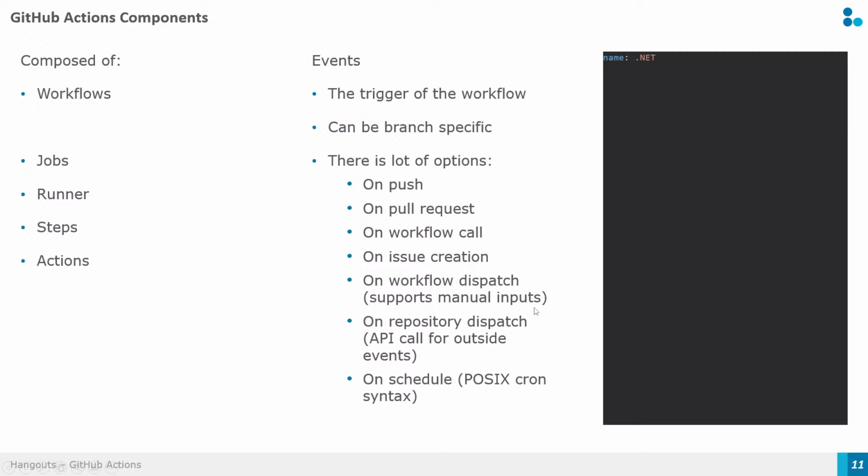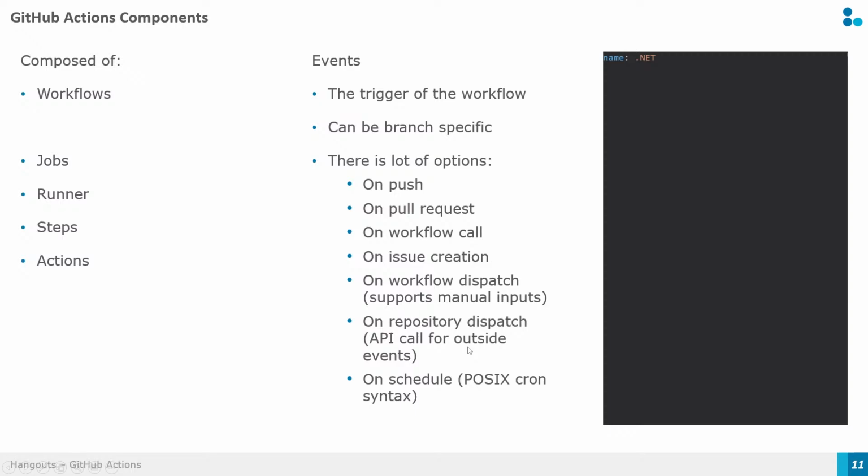On workflow dispatch, this is the manual trigger, and I added here that this supports manual input, so you can create parameters that you might add when triggering that workflow, and it increases the range. It becomes really flexible what you can do using it.